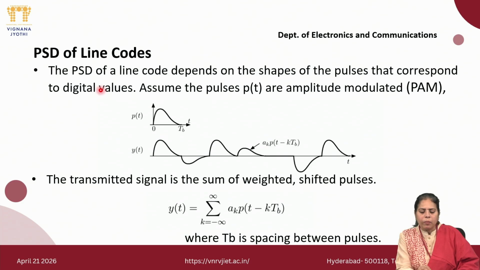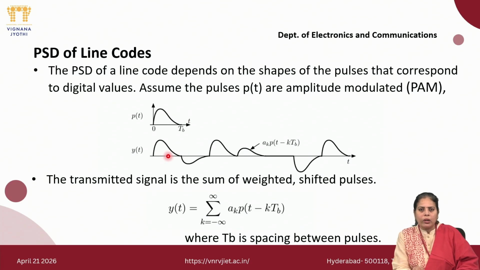We see that the power spectral density of the line code will depend upon the shape of the pulses that correspond to the digital values that we intend to transmit, which is 1 or 0. Assume that the pulses p(t) are amplitude modulated, and this is the shape of an arbitrary pulse p of t, which is used to transmit our baseband values 0s and 1s.